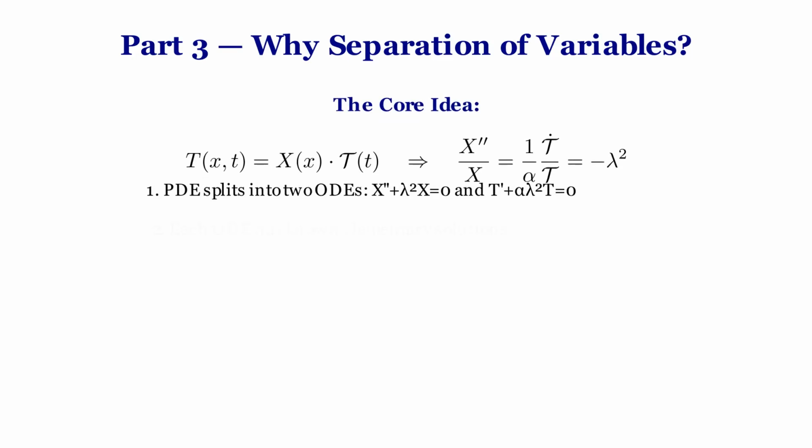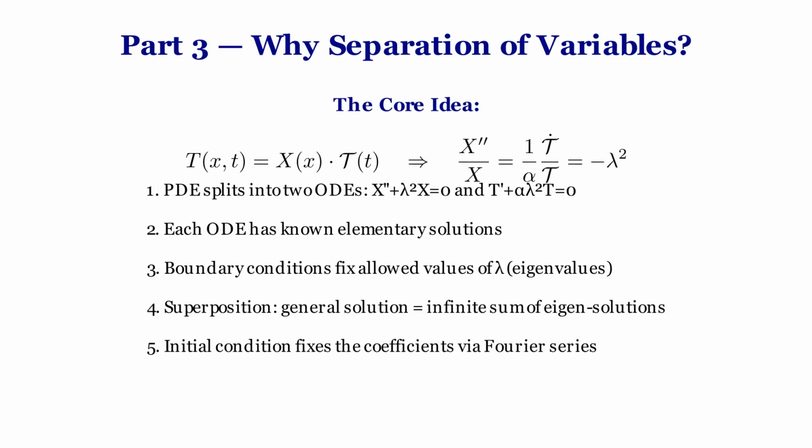Now we have to follow the separation of variables approach to solve this PDE. Why do we need separation of variables? The heat equation is a linear partial differential equation. Separation of variables is the classical technique for solving linear PDEs with constant coefficients.